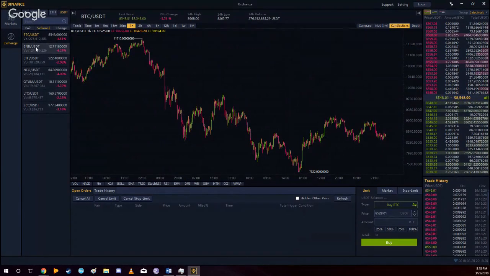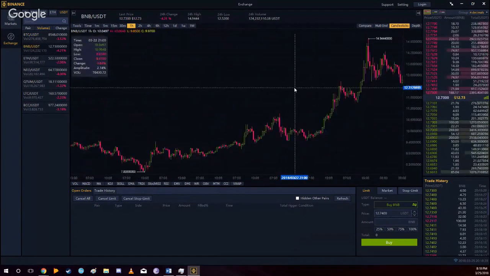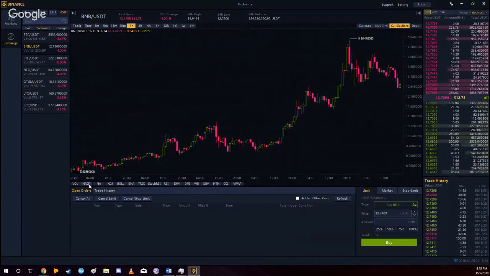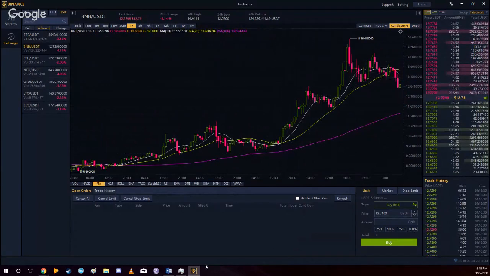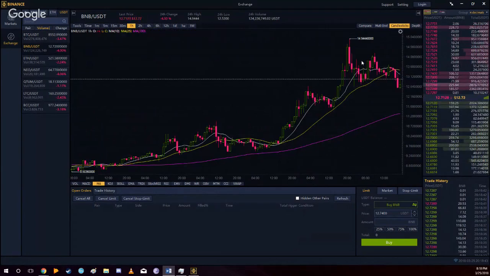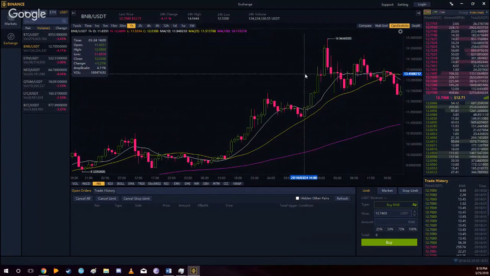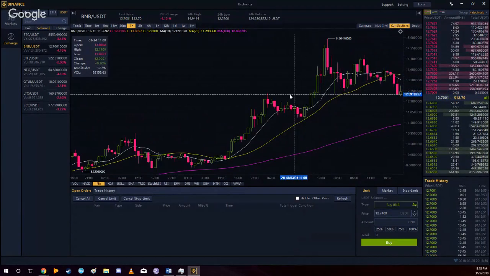Let's look at Binance Coin that I've been doing on Twitter for a while and see how did I predict it. Well, let's start with MA. MA stands for moving averages. What is a moving average? A moving average is an indicator that is used for technical analysis that smooths out the noise.